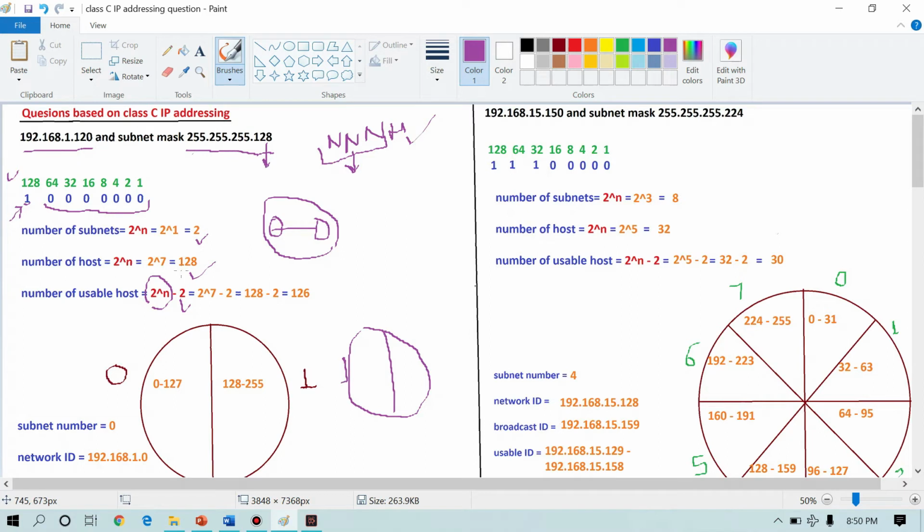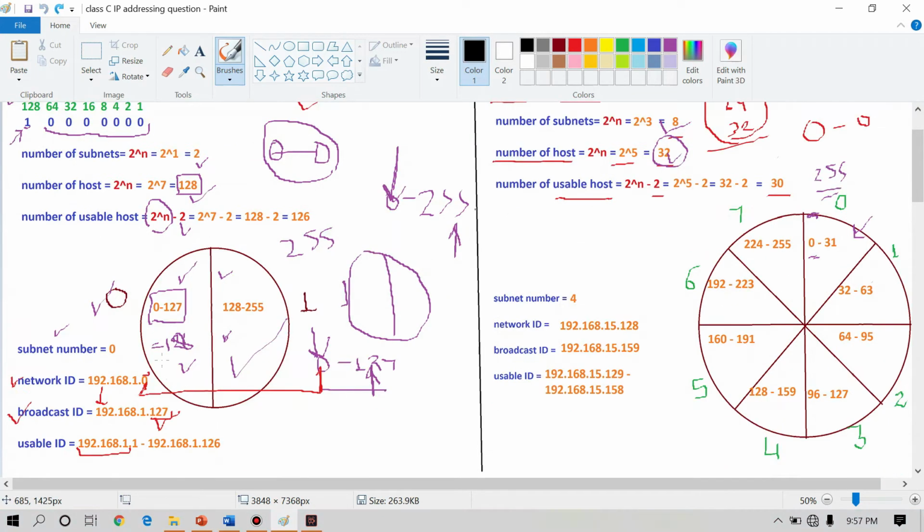In one subnet we have 128 hosts, and we start the calculation from 0 to 255. If I take 0 to 127 in this part, then the total number of hosts is 128, and the rest of the 128 hosts are in the next part.